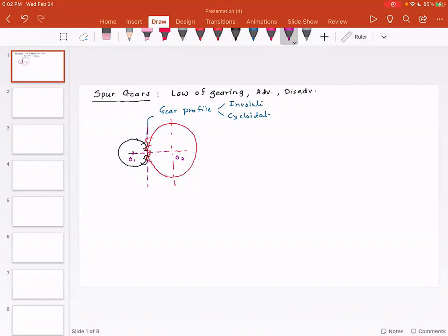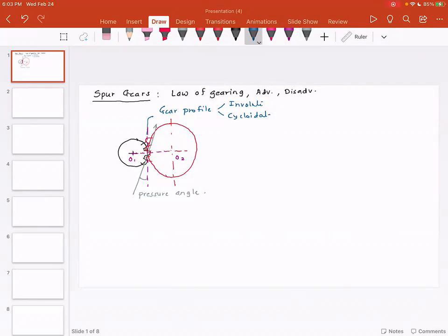The force will be transmitted at an angle, and this angle is called the pressure angle. And this is the important difference between the friction wheels and gears.